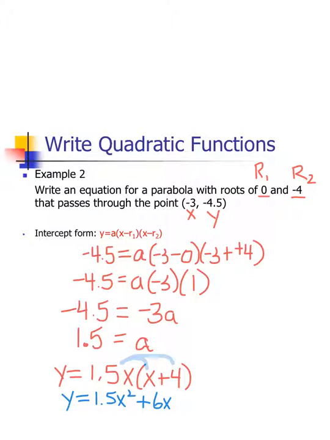And now this is written in standard form, so we have standard form here, but we also have the intercept form here. If it doesn't matter how they write it, then you can choose.